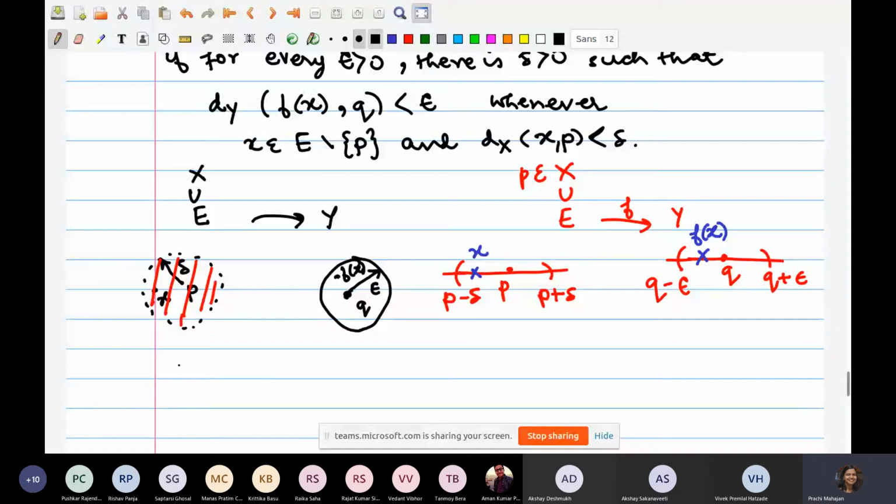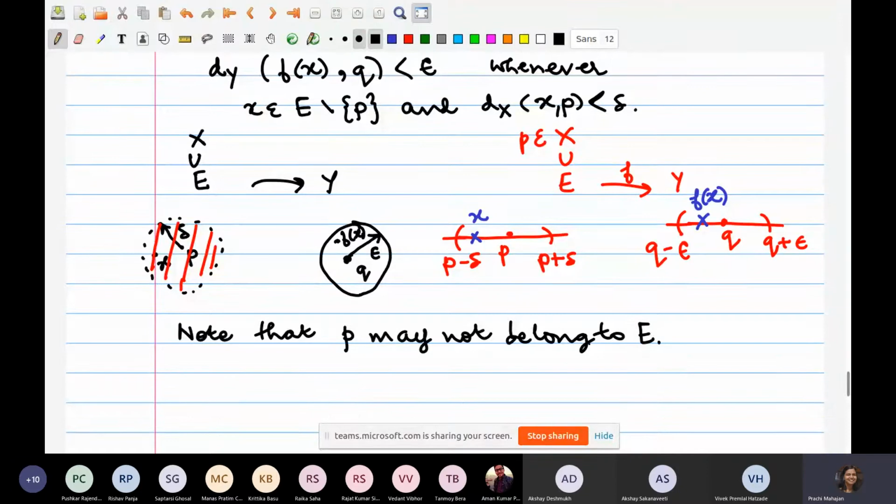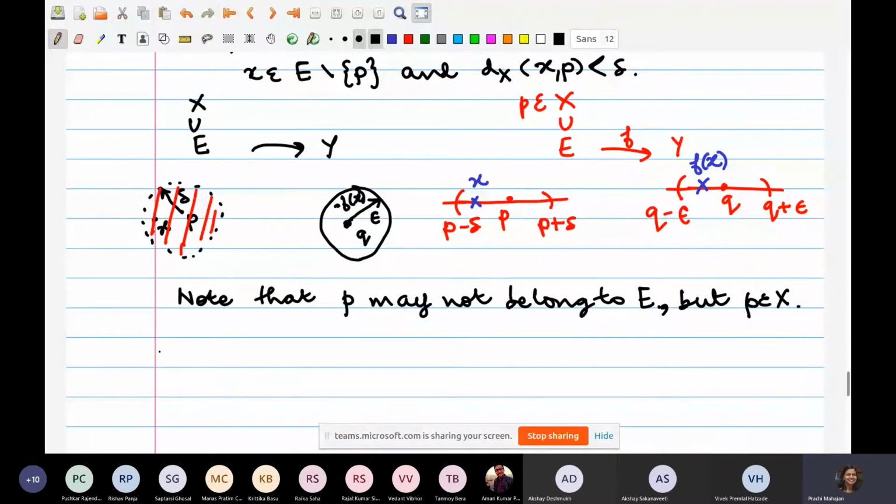Something to note: the point where we are considering the limit, the point P, may not belong to the set E. Again, this is something familiar. I'll just emphasize, but P certainly belongs to the set X. Also take note that the function f may not be defined at the point P. So for example, I'm sure everybody is familiar with this.